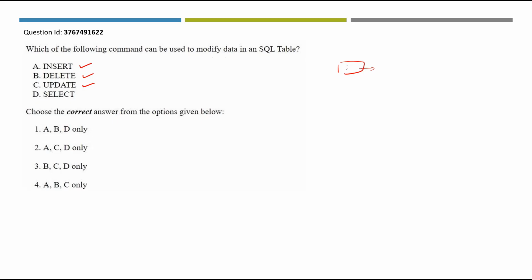In insert you are adding one row, in update you are modifying one row, in delete you are deleting that row, with respect to a single record. So in select we don't do any data modification, we just read the values. So we are going with A, B and C alone as the answer. Option 4 will be the right answer.